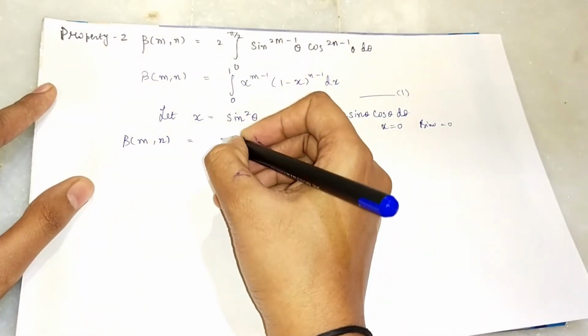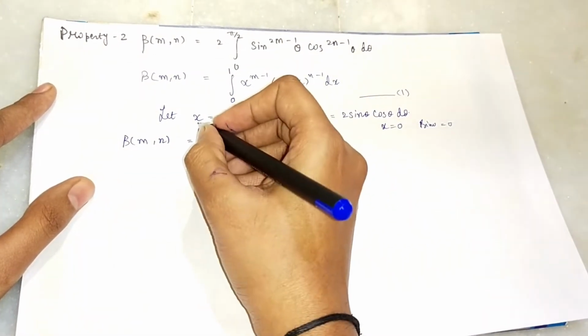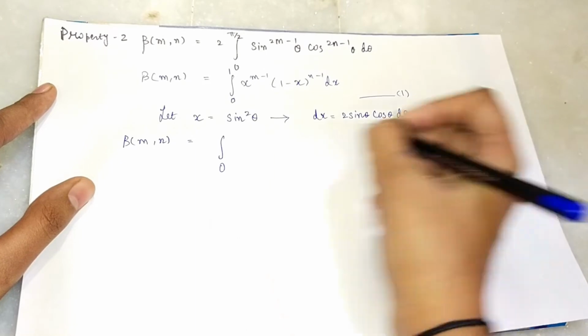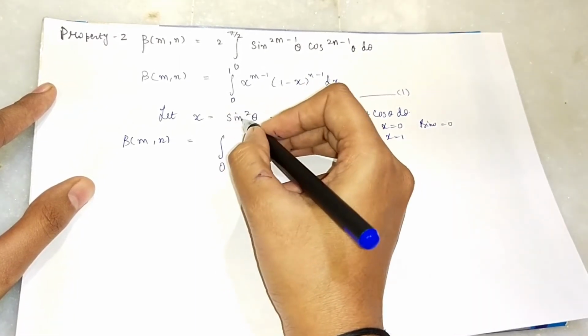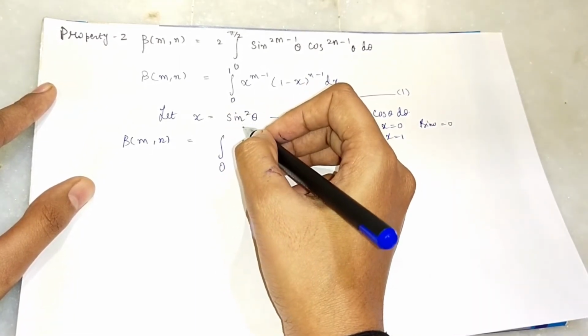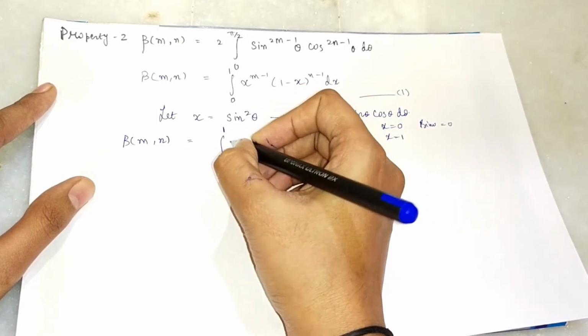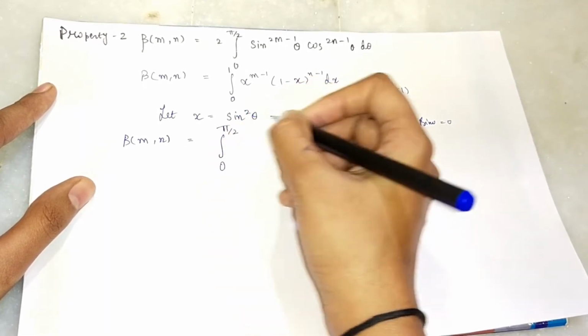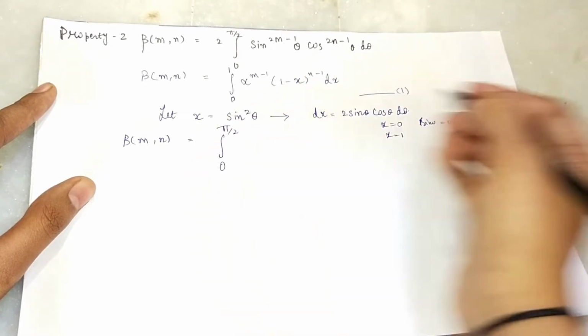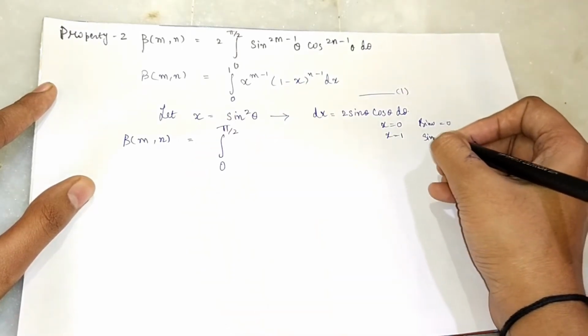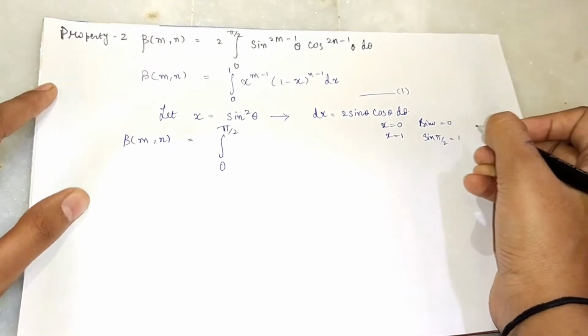So our lower limit will be 0. And if we put x equal to 1, then we get pi by 2, because sine pi by 2 is equal to 1.